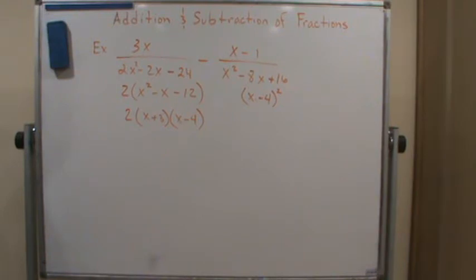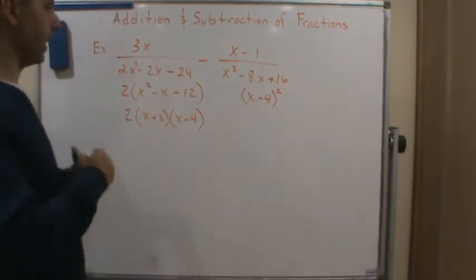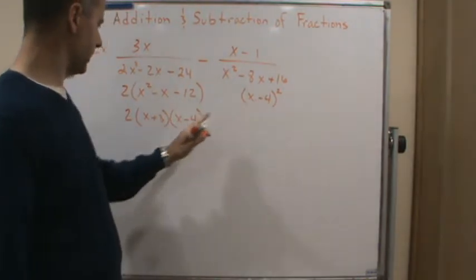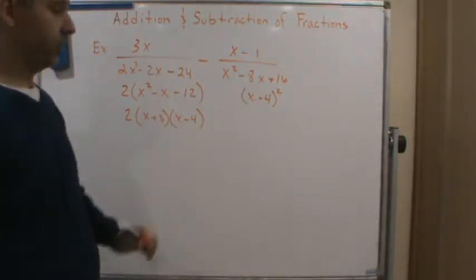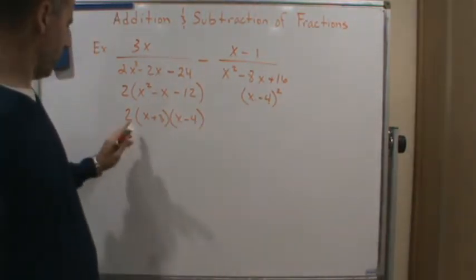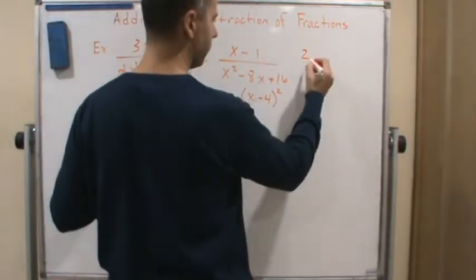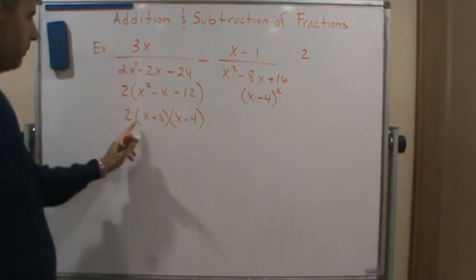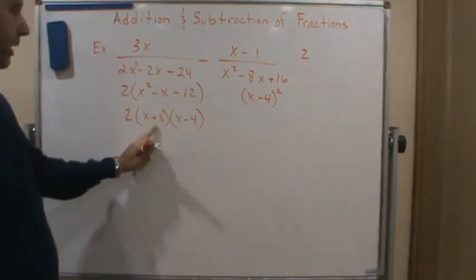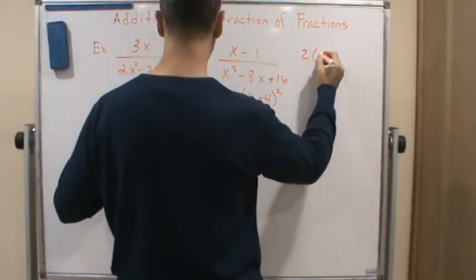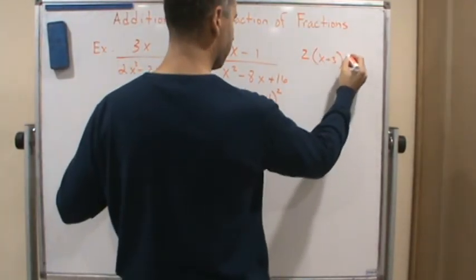Now, what is our common denominator? Well, we take each distinct factor to the highest power. 2 only has a power of 1, so we're going to take 2. That's the highest power of 2 that we see. x plus 3 has a power of 1, and that's the highest power we have, so we're going to have x plus 3.